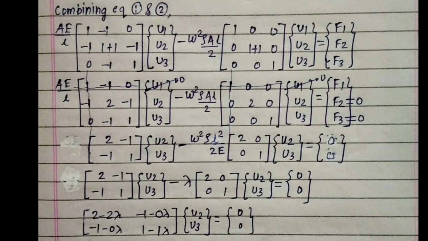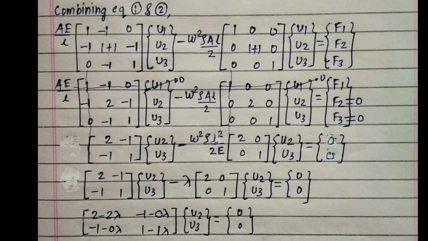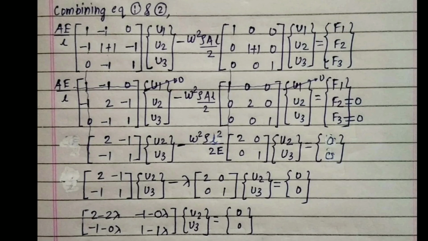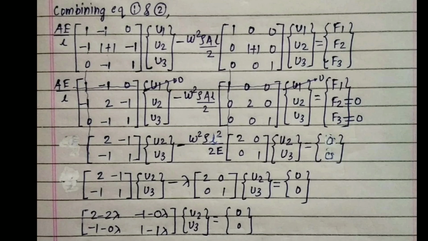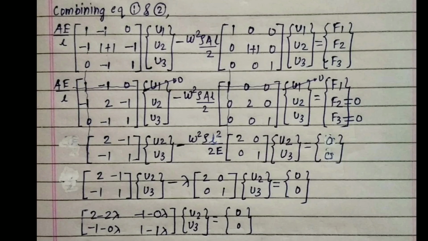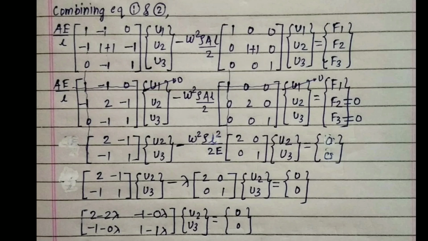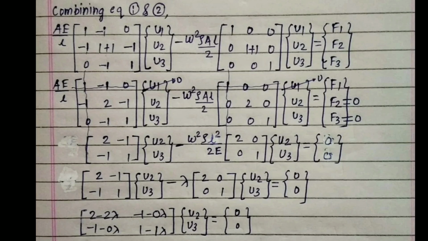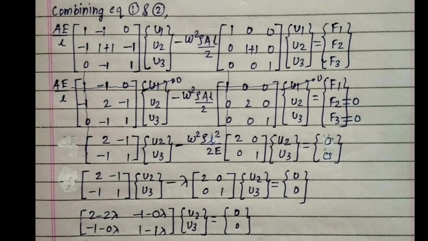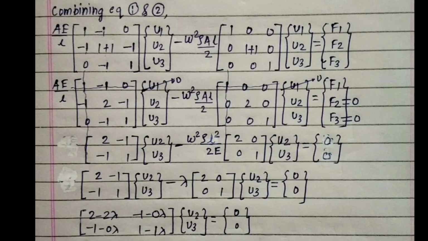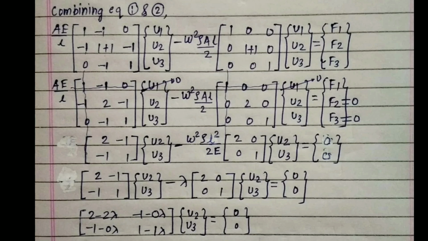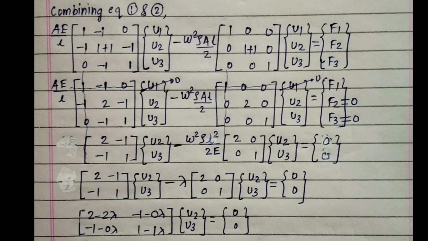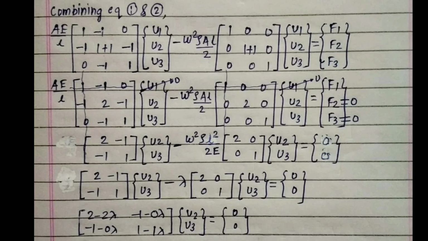So I will get the matrix [2 -1; -1 1] U2 U3, minus omega square rho L square by 2E into the matrix [2 0; 0 1] into U2 U3, is equal to 0 0. I will call omega square rho L square by 2E as lambda.